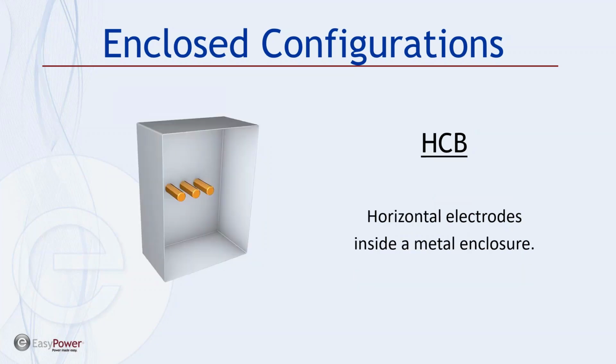And then finally, the horizontal electrodes in a metal enclosure. And again, the definition of this is left up to the person doing data collection and observing the equipment. But this type of example might be a disconnect where we have the potential for having the electrified conductors coming out at us.